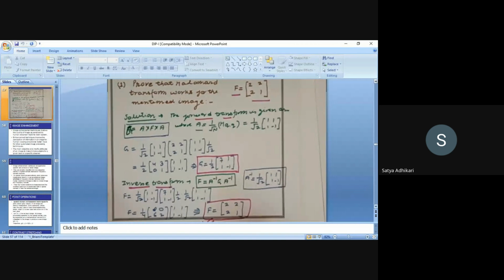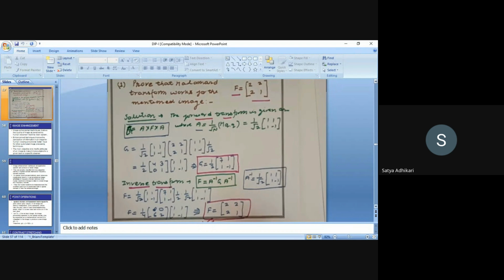So 1 by root 2 into 1 by 2 into 1 by root 2 equals 1 by 4. Multiplying the first two matrices, first row first column is 1 into 7 plus 1 into 1, 8. Similarly, first row, second column, 1 into 1 plus 1 into minus 1, 1 minus 1, 0.